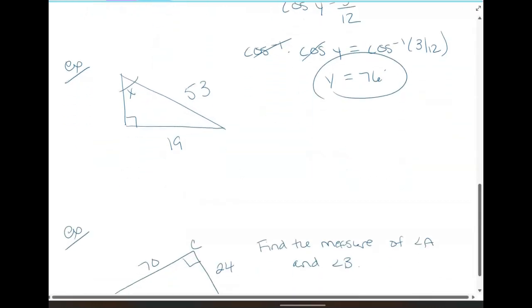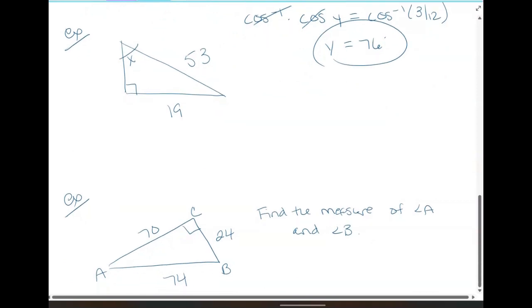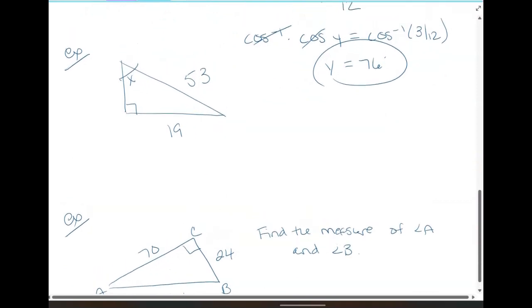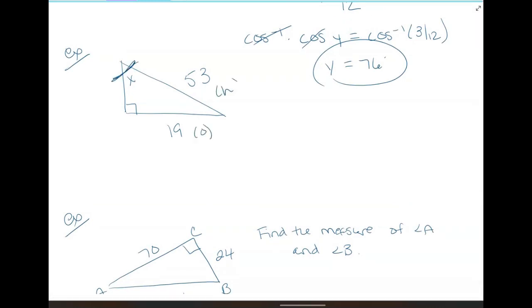All right. I think maybe you're catching on. Let's do another one just like this. All right, here's our missing value. We have the opposite and the hypotenuse values. So that tells me, according to SOHCAHTOA, the opposite and the hypotenuse, of course, leaves us with the sine.